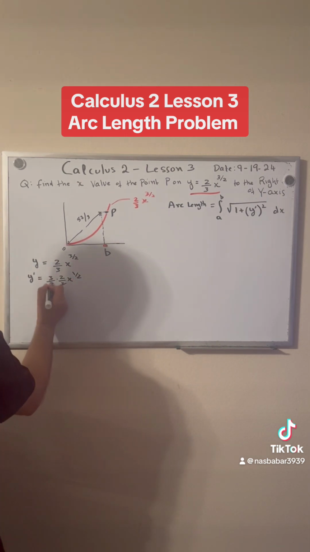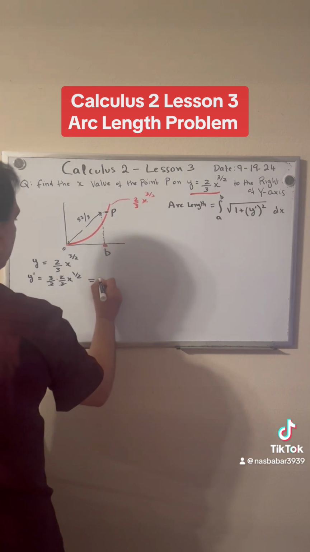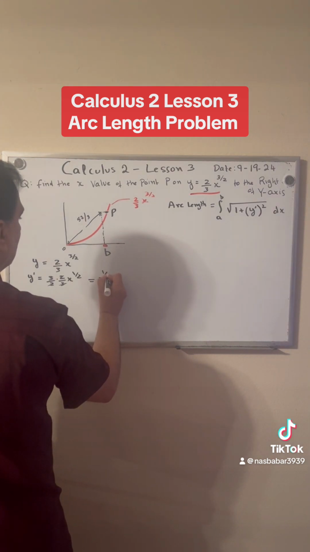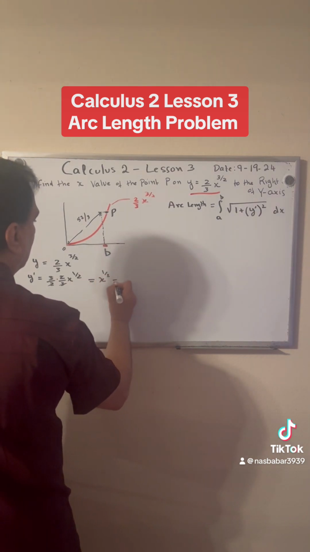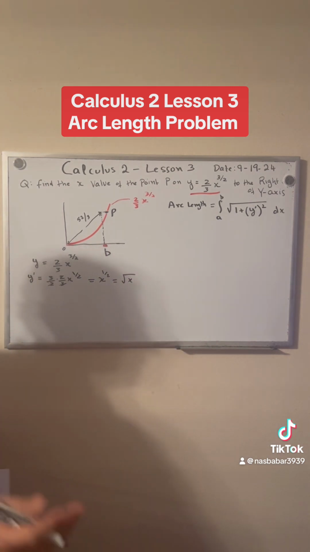So this 3 cancels, this 2 cancels, and y prime is equal to x raised to the power half, or we can write this as the square root of x. It's the same thing. Agreed?